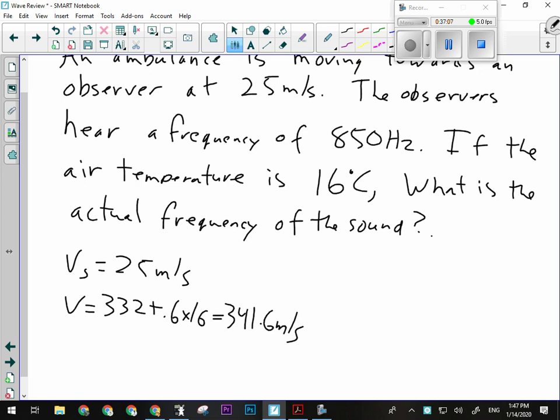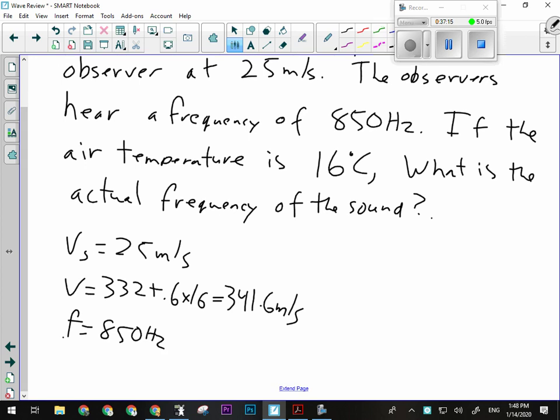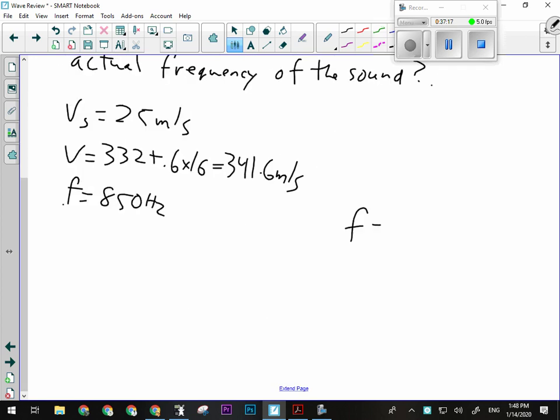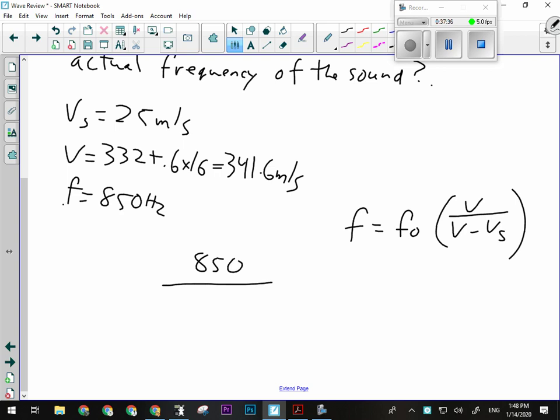We know the perceived frequency, so that's F, 850 hertz. The formula I'm using here is F equals FO, V over V minus Vs, because it is an approaching source. I'm solving for FO, so I'm just going to bring the entire bracket over, which will give me 850 divided by 341.6 divided by 341.6 minus 25.